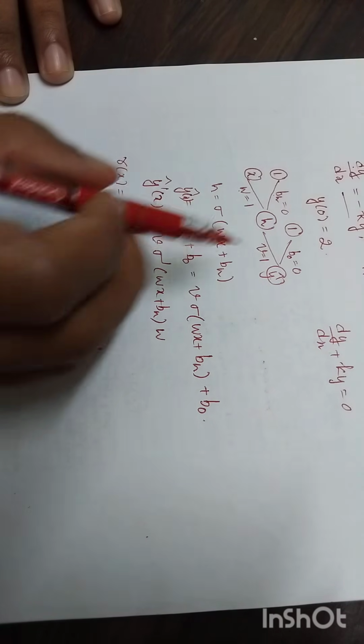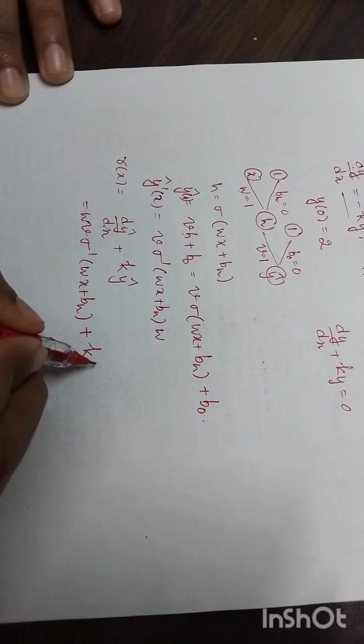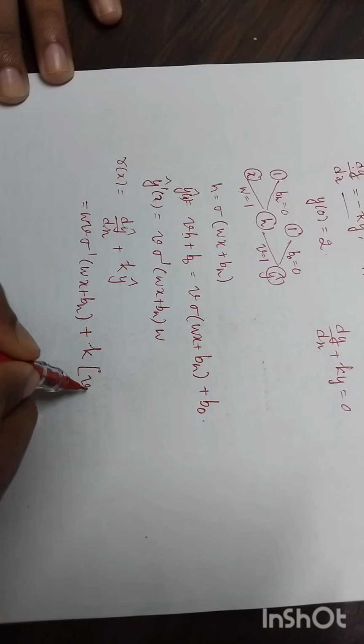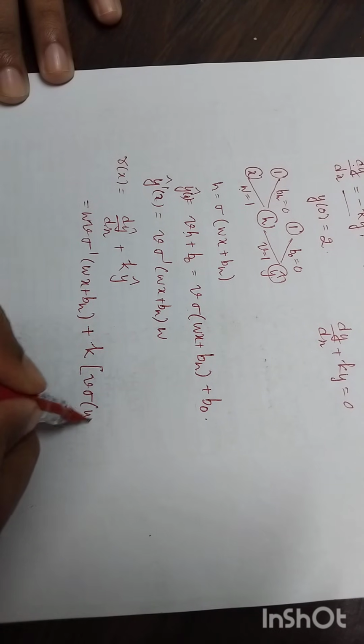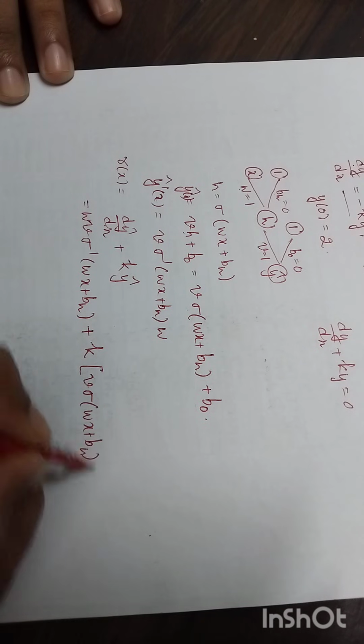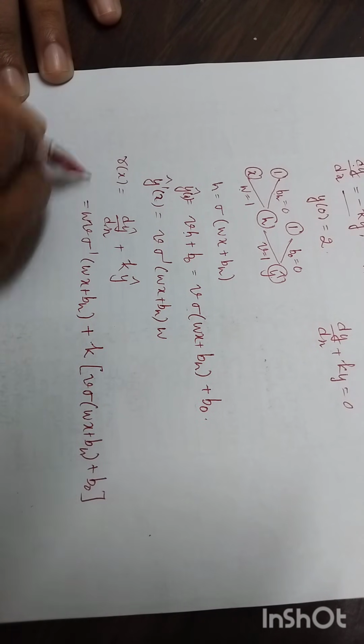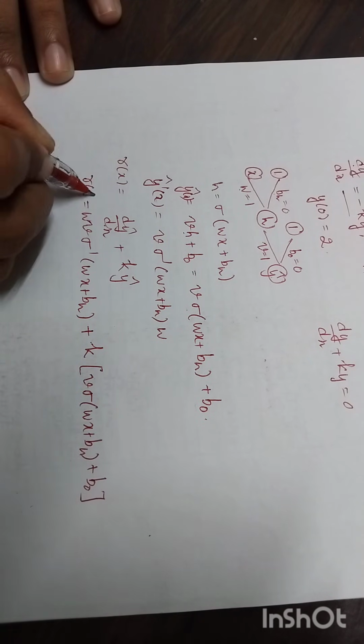What is y cap? y cap is v into sigma of wx plus bh, plus b naught. So this is r of x.